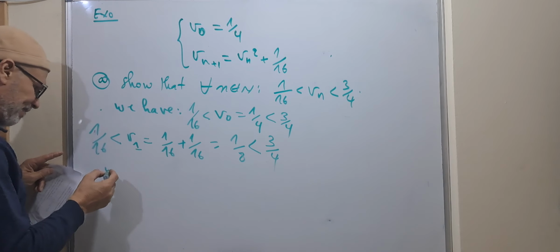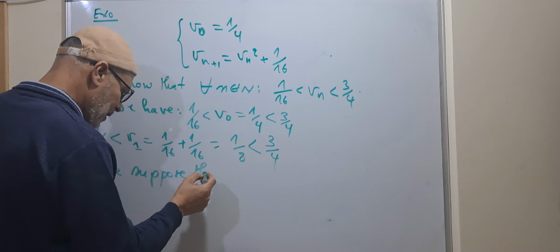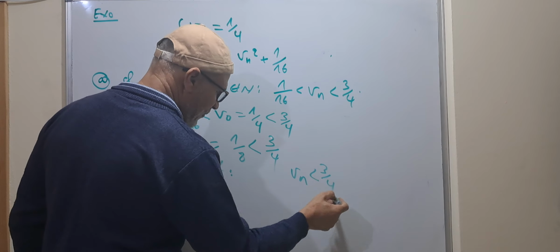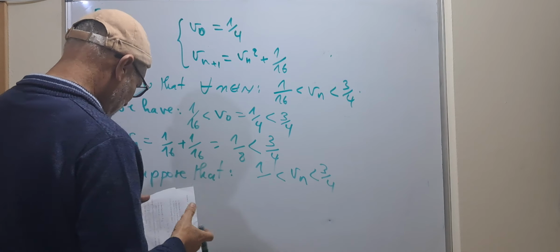We suppose that Vn is less than 3/4 and greater than 1/16.